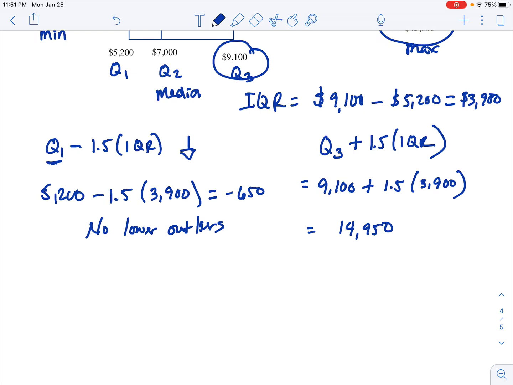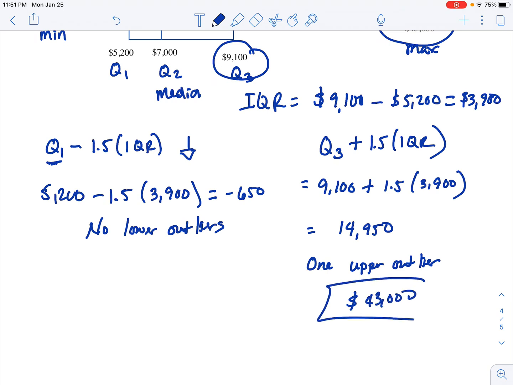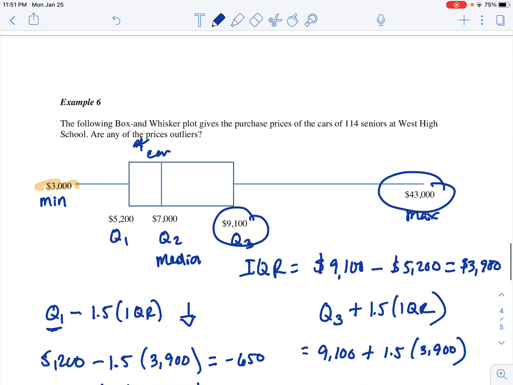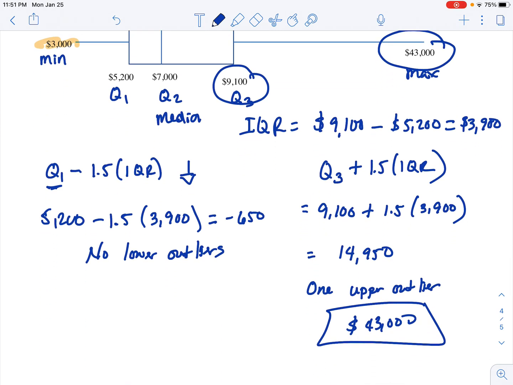So we have at least one upper outlier, and that is $43,000. That must be a really nice car, or somebody thinks they can get a whole lot of money for nothing.